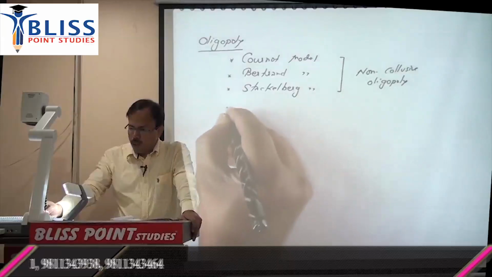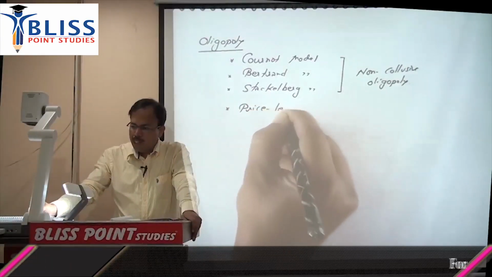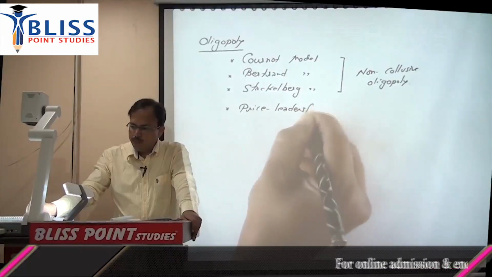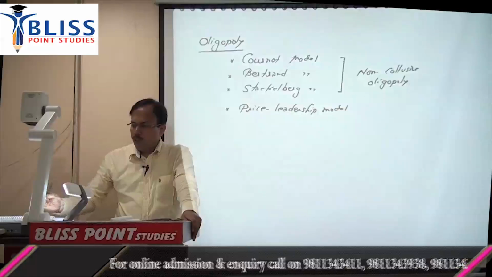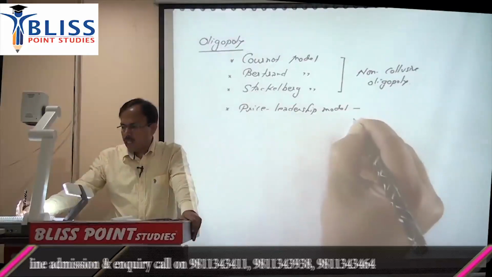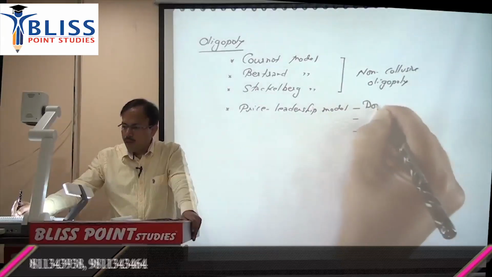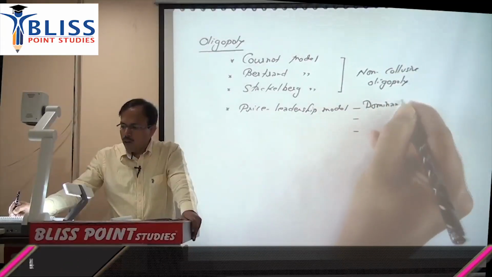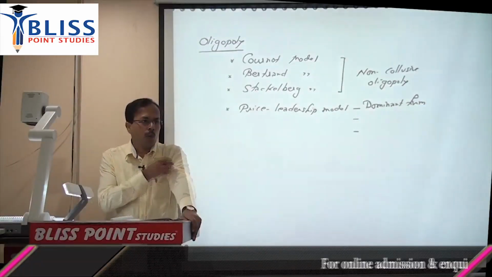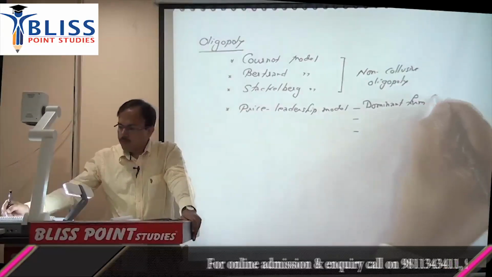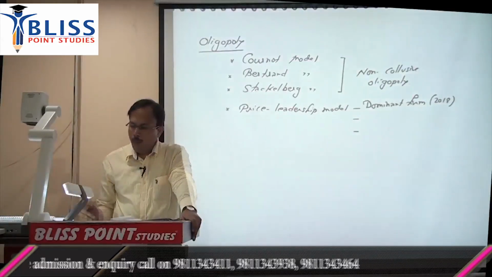And for collusive oligopoly it will be the price leadership model. Within price leadership model there will be three parts. One will be dominant firm price leadership. डोमिनेंट फर्म प्राइस लीडरशिप, ये करंट ईयर वाले क्वेश्चन में 18 में डोमिनेंट फर्म प्राइस लीडरशिप.